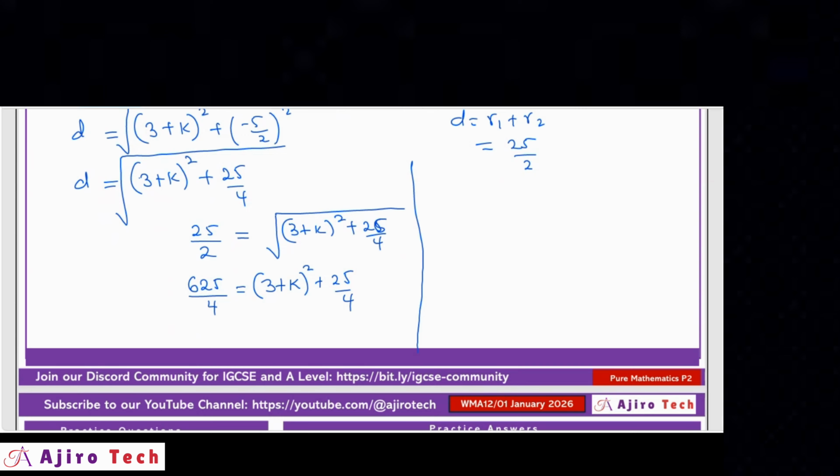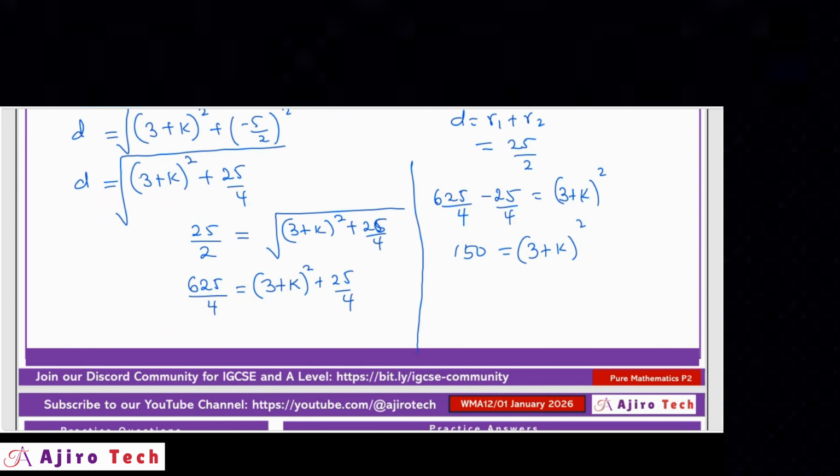I have 625 over 4 minus 25 over 4 equals 3 plus k all square. So this should be 600 over 4, which should be 150 equals 3 plus k all square.